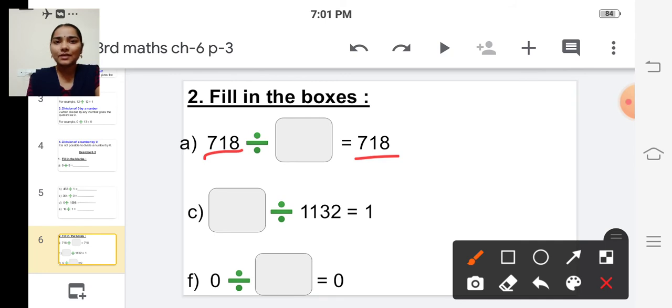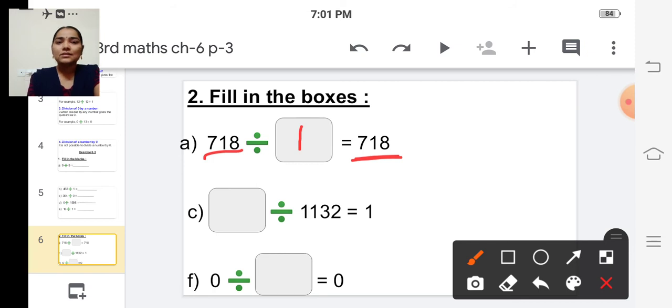So which property comes here? First one, isn't it? If we divide any number by 1, then we get the quotient as the number itself. So here we have to write 1. Okay. So 718 divided by 1 is equal to 718.